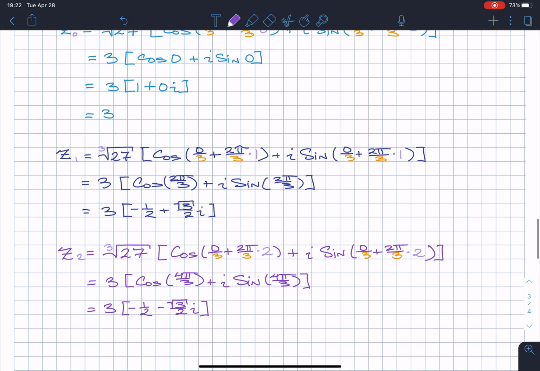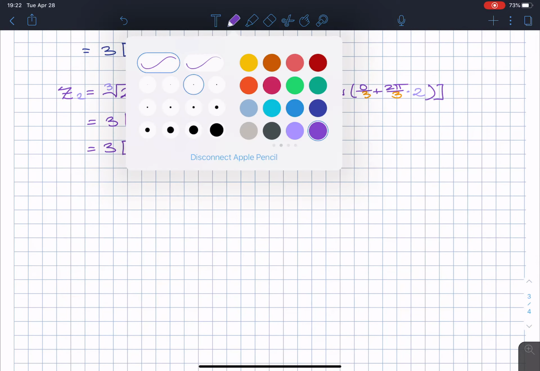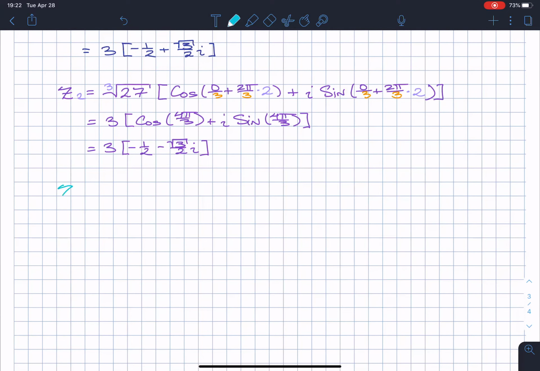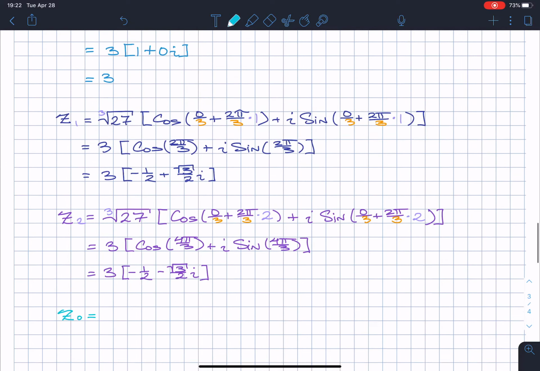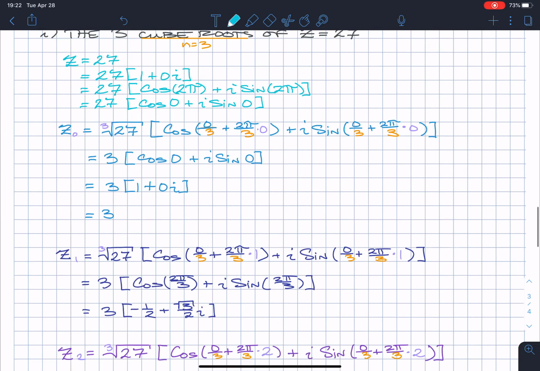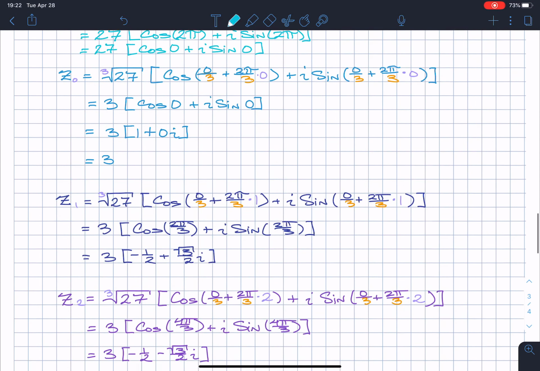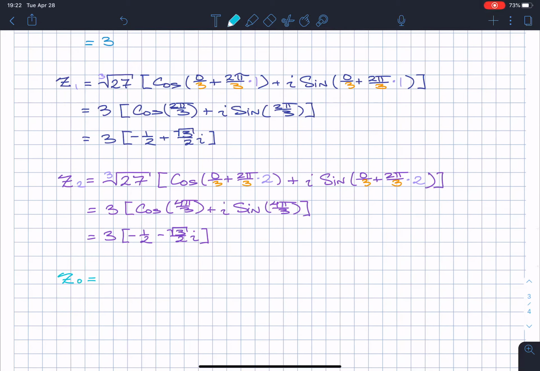Okay, so let's recap. What did we have? z sub 0 was, sorry, it is this darker blue.